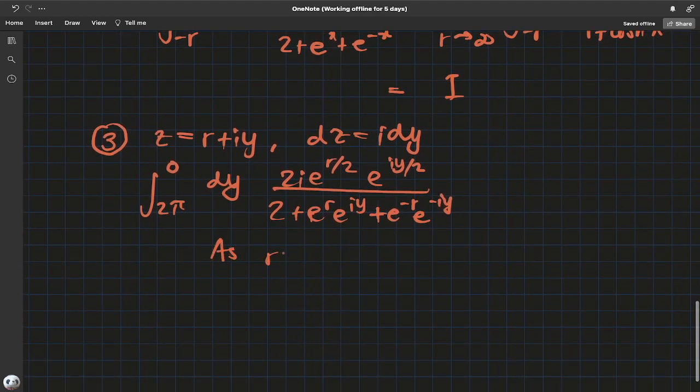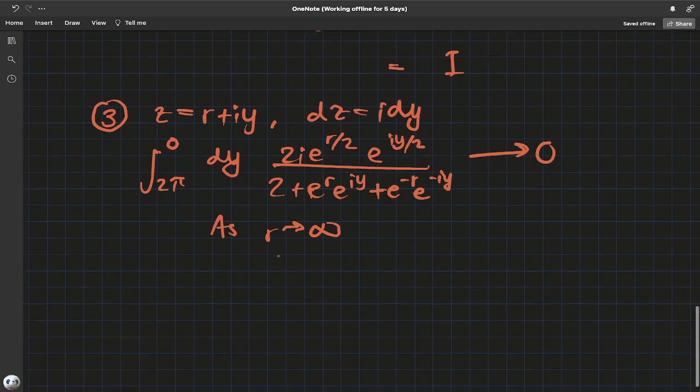And if you see, as r goes to infinity again, the e raised to r in the denominator will dominate, making this entire thing go to 0. It doesn't matter if it's negative 0 or positive 0, 0 is just 0.